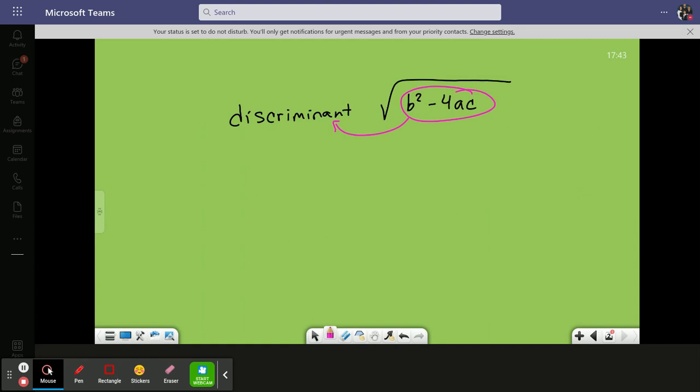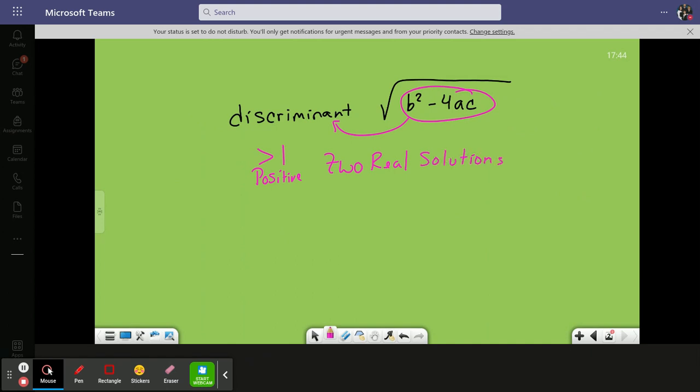Sometimes, though, maybe it's all the way up there and it doesn't cross the x-axis at all. And then we're going to say it is no solution. Okay? And I can find that out by using this number right here. If the discriminant is greater than 0, in other words, it is positive, I am going to have 2 real solutions.